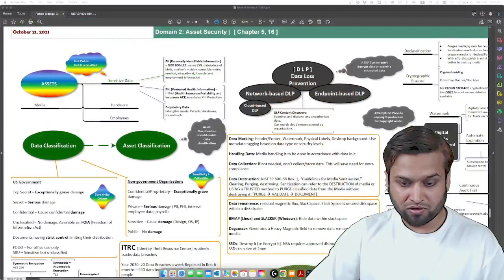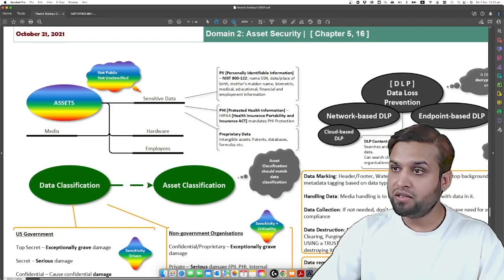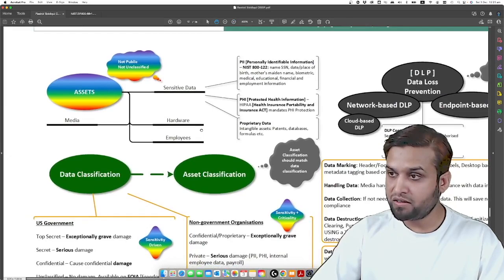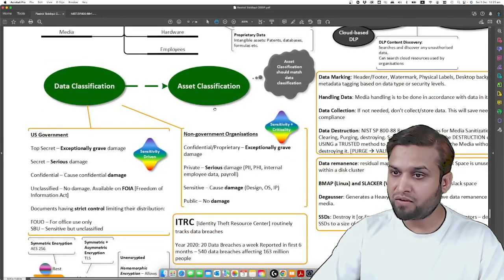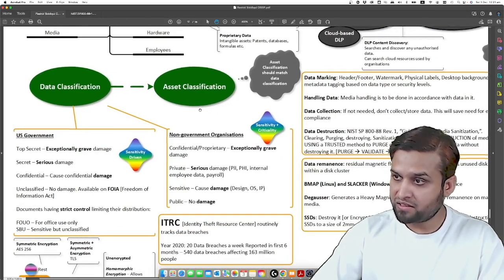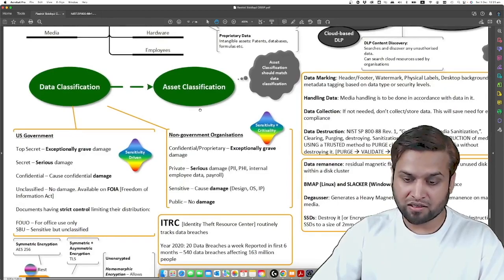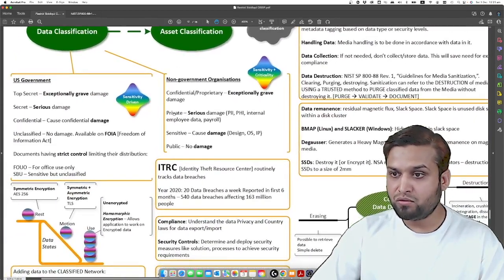So let's go to the drawing desk, and this is my drawing. This is what we discussed last time: what the assets are, how we classify data, and accordingly we classify assets, and the asset classification should match data classifications. There are two different approaches to classify data.